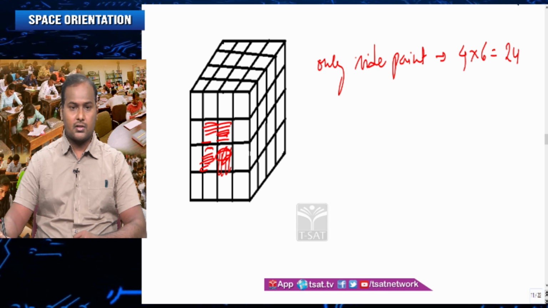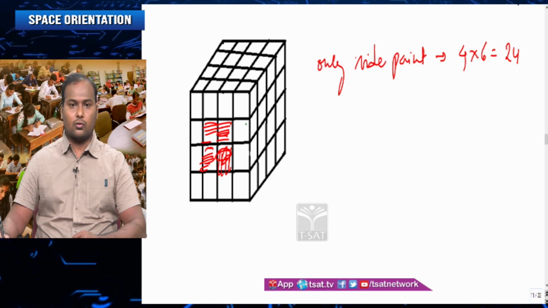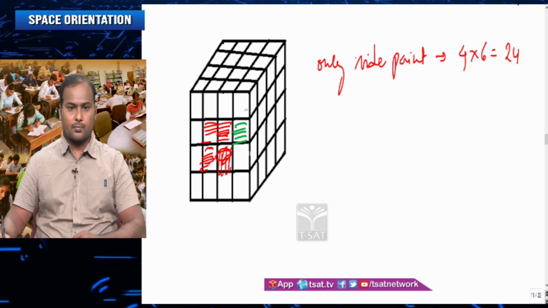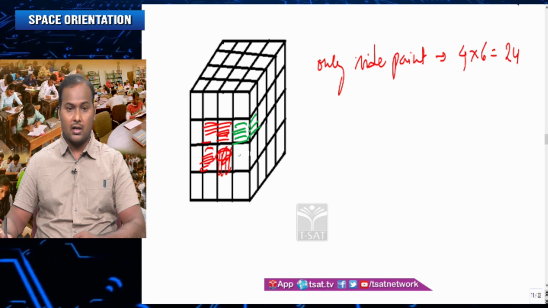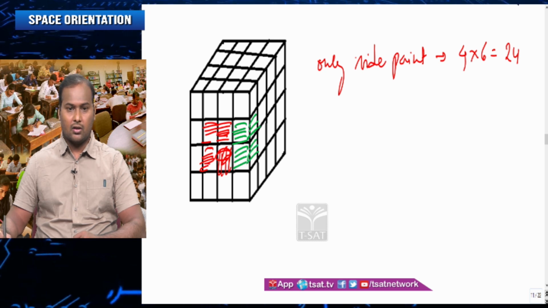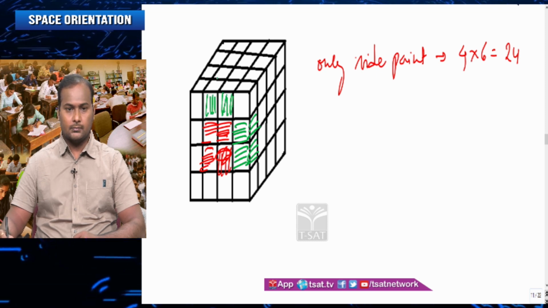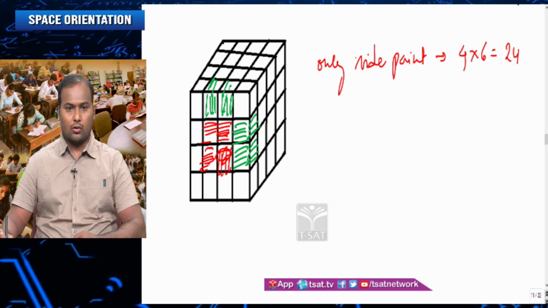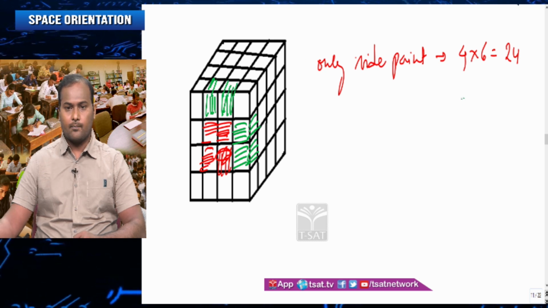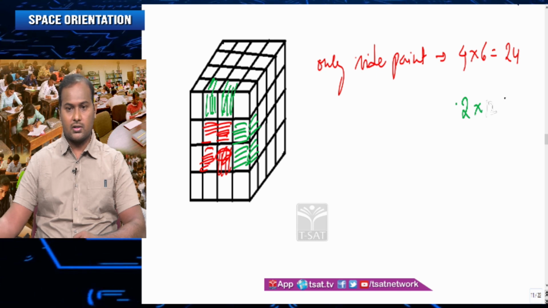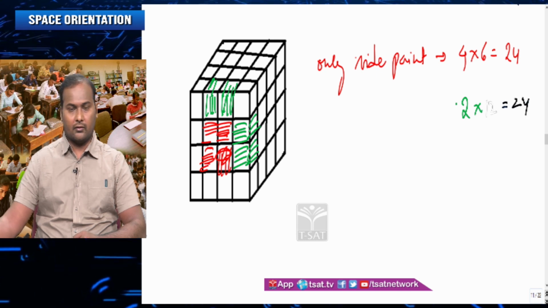The next question is, how many small cubes with two side paint? Where is this two side paint possible? Two side paint is possible only on the edges. So per edge how many? Per edge 2. Total how many edges? 12 edges, and per edge 2. 12 times 2 is 24.